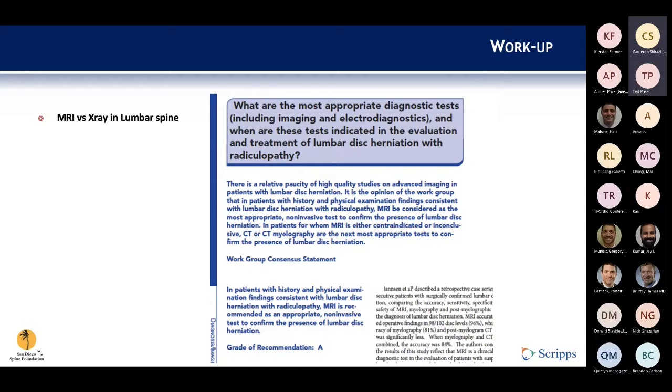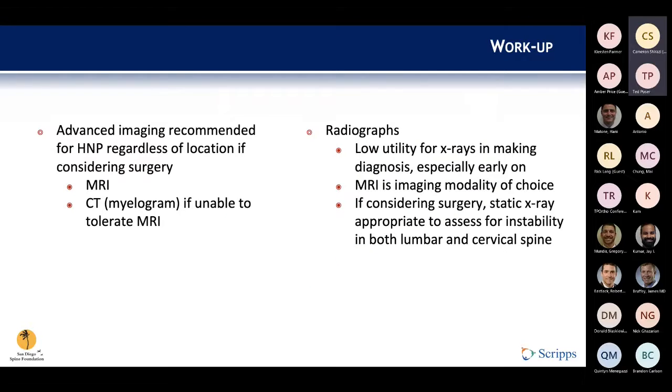They note that there's a paucity of high quality studies on advanced imaging in lumbar disc herniations, but based on their group, MRI is considered the most appropriate testing to move forward with in those patients, unless they cannot get an MRI, at which point a CT myelogram would be your best next option.